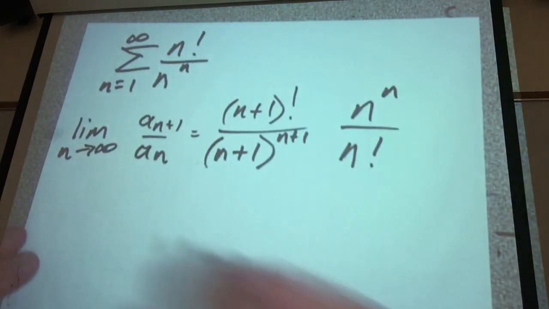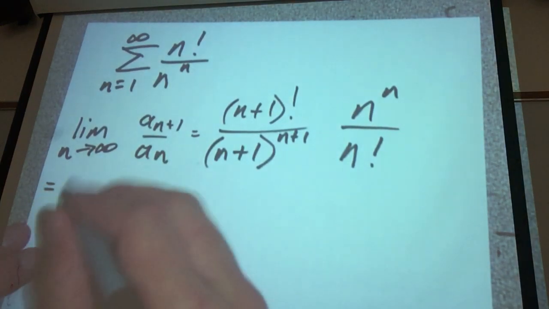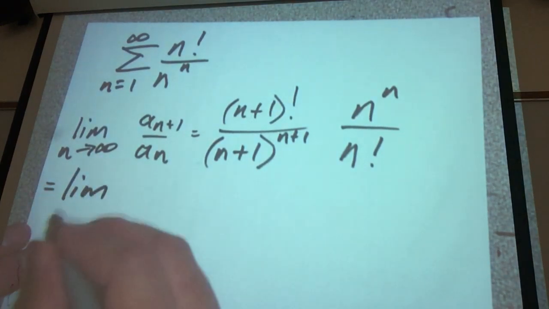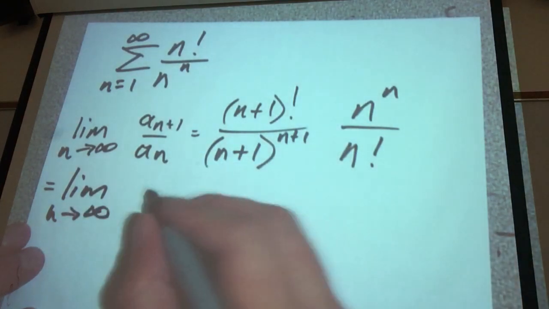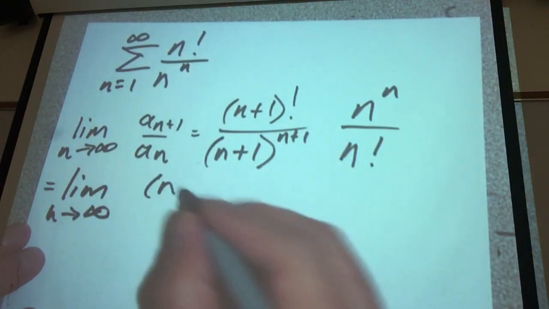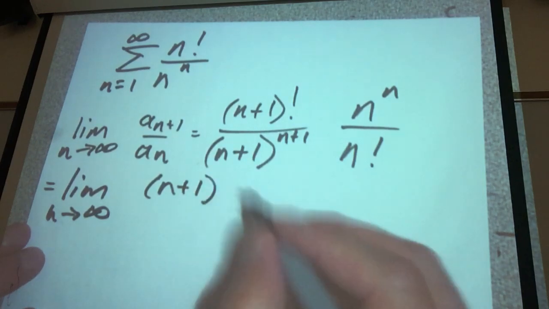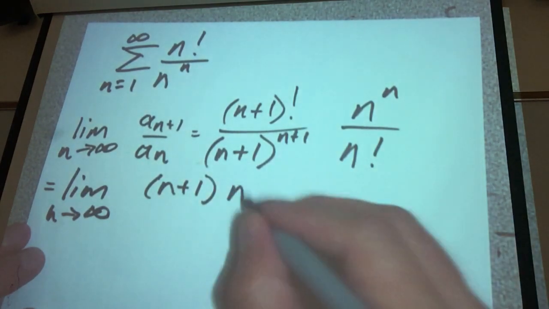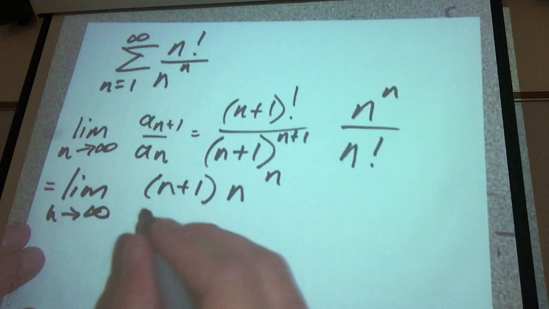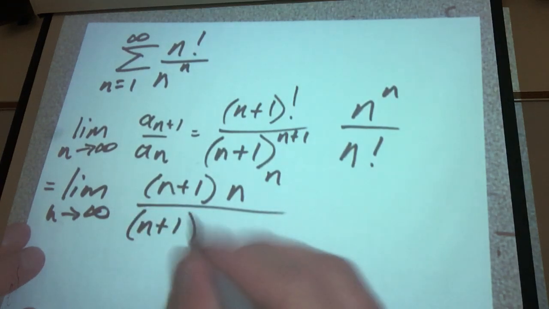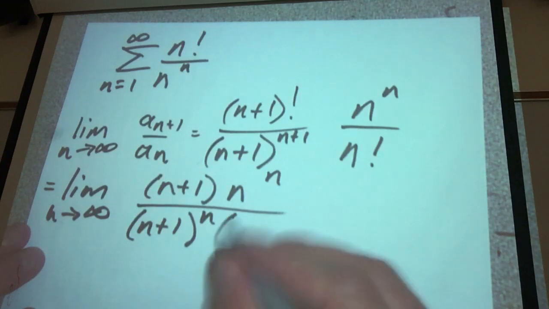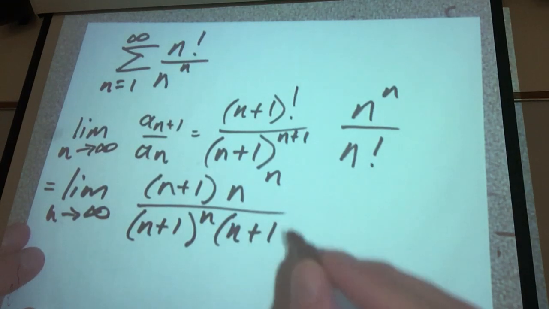So the first thing to do is to cancel out involving the factorials. I'm going to break this up a little bit. So this would just become n plus 1, right? I'm going to leave this as n to the n power, and I'm going to call this n plus 1 raised to the n and then multiplied by n plus 1.